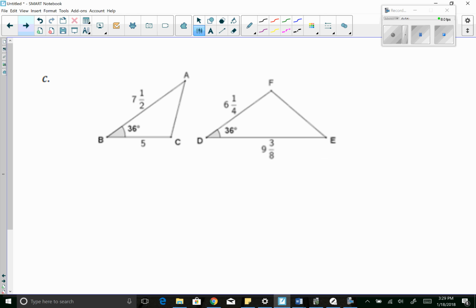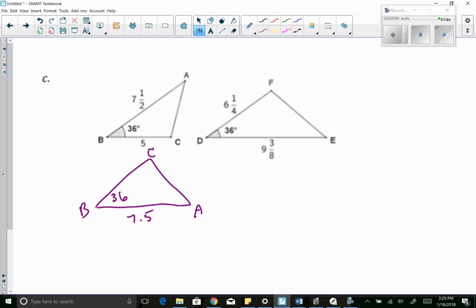B is a similar question. The only weird thing about B, other than the fractions, is the triangles are kind of pointed in the wrong direction. So if I just redraw ABC so that AB is on the base, I could keep 36 where it is. I just want to put C up here and A down here. So this is going to become 7.5.